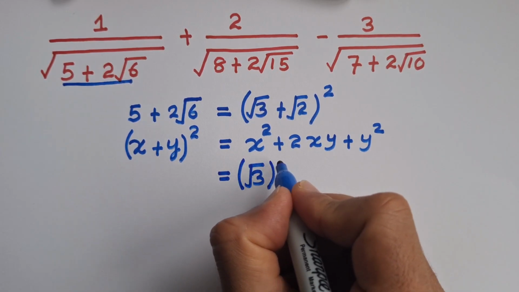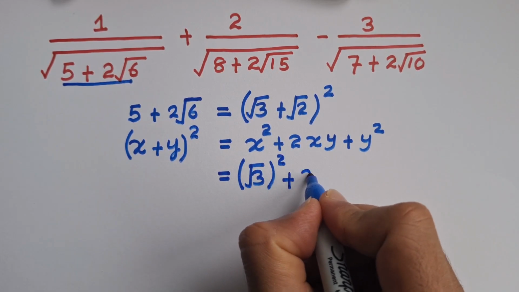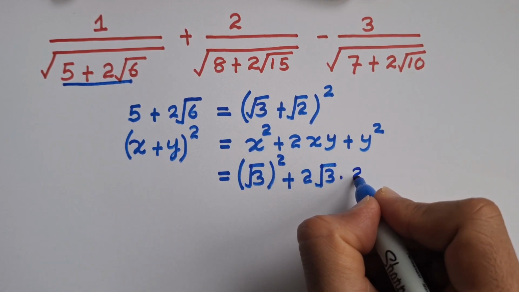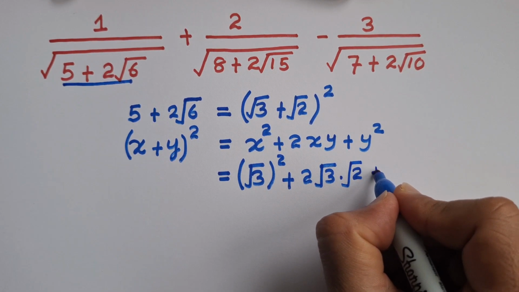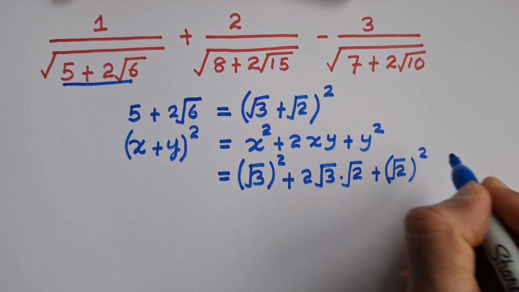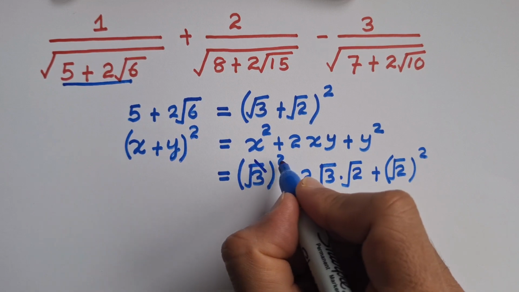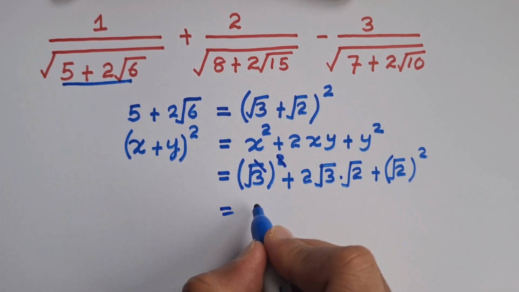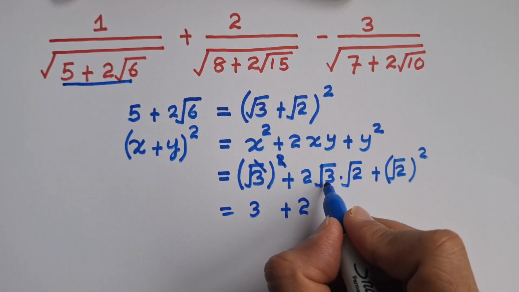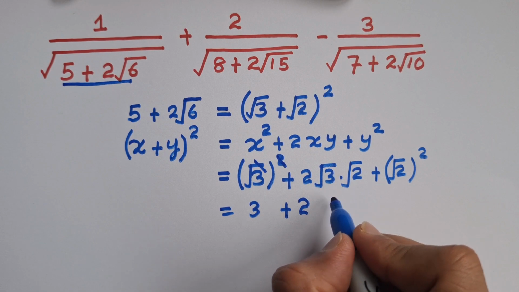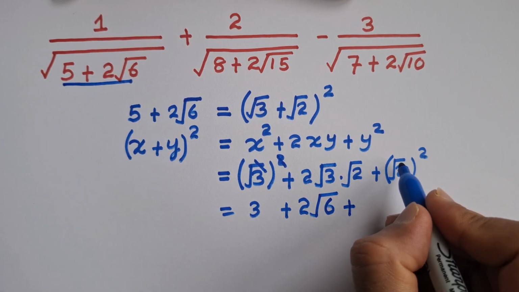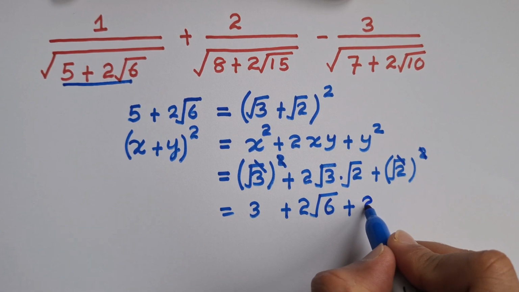Then we have square root of 3 raised to the power 2 plus 2 times square root of 3 times square root of 2 plus square root of 2 raised to the power of 2. So then here square root and square are going to be cancelled out. We have 3 plus square root of 3 times square root of 2 is equal to square root of 6. Then we have 2 times square root of 6 plus here again square root and square are going to be cancelled.